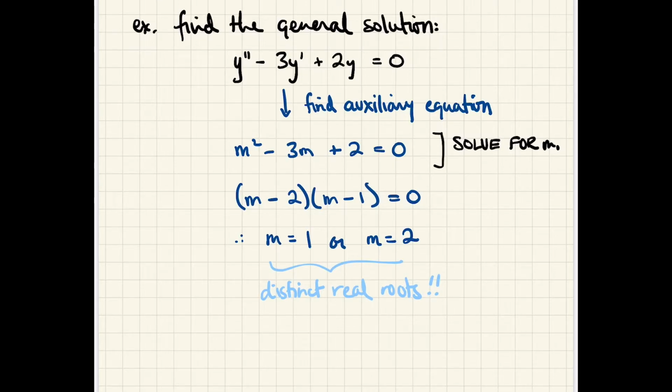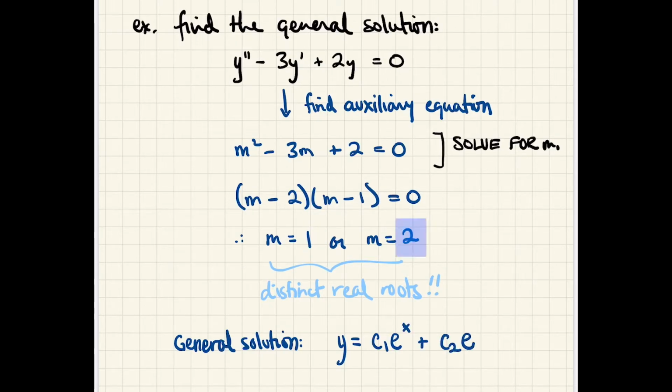So that's the most straightforward case, and that means that the general solution is y equals c1 e to the 1x plus c2 e to the 2x. And that's it. It's very clean. You're welcome to verify that that's a general solution, but we're not going to do any verifying today.